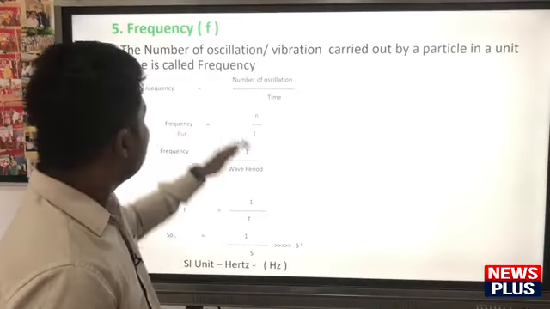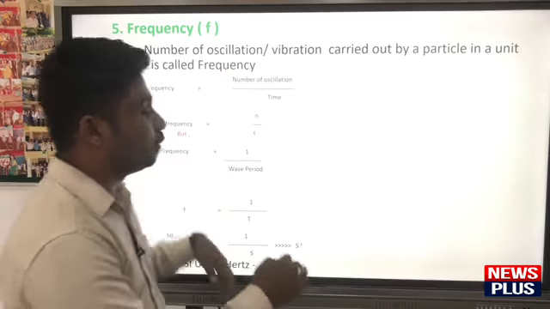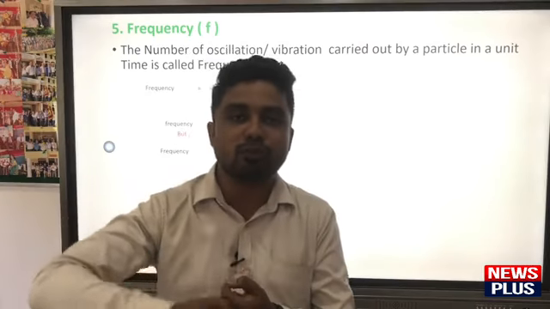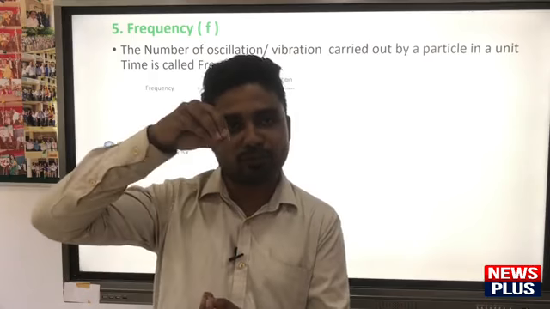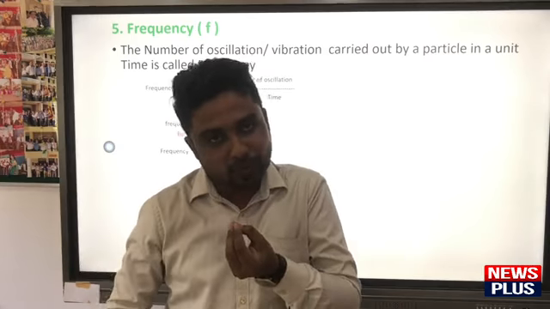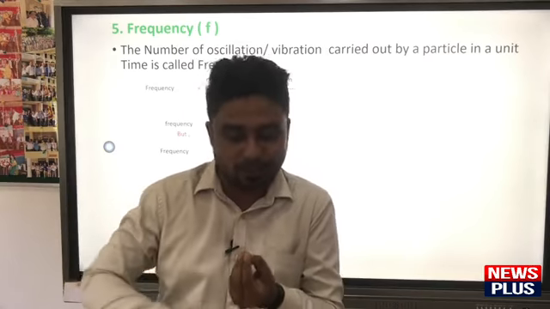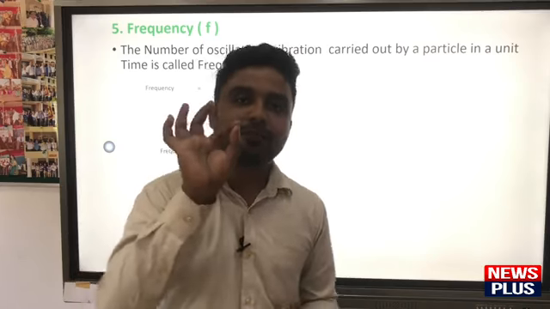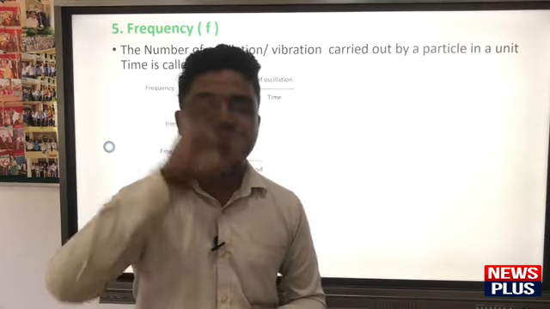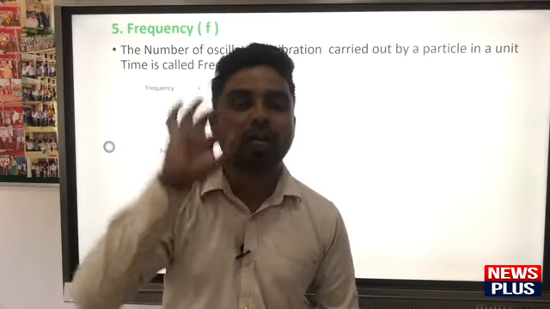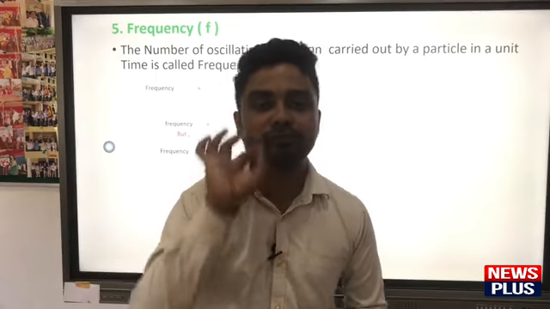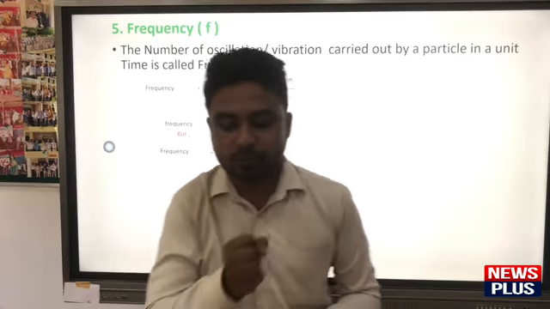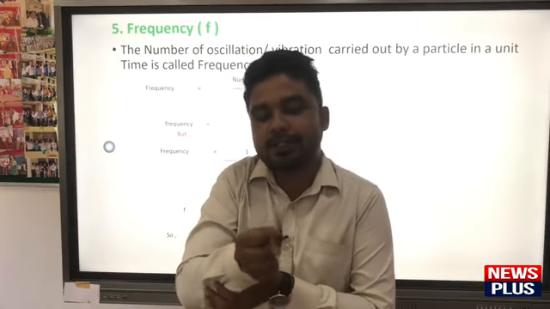Okay, if you look at this pendulum, or the movement of a vibrating particle, this particle moves that way, goes down, and goes up. So what does oscillation mean? The full vibration of one particle is called an oscillation or one vibration. For example, if you take one particle here, this is the center point.